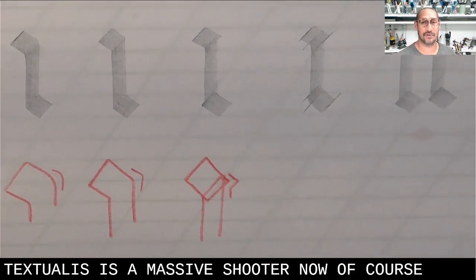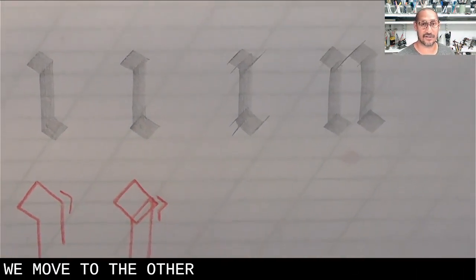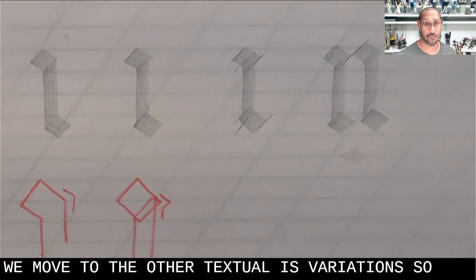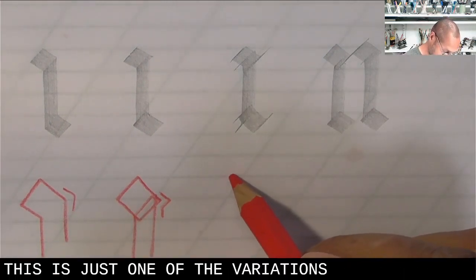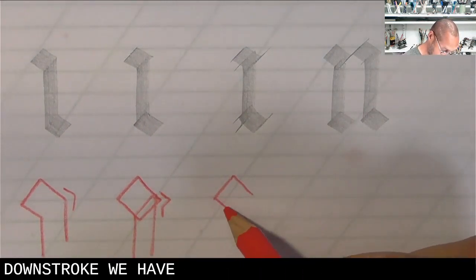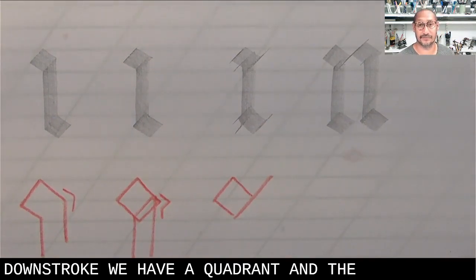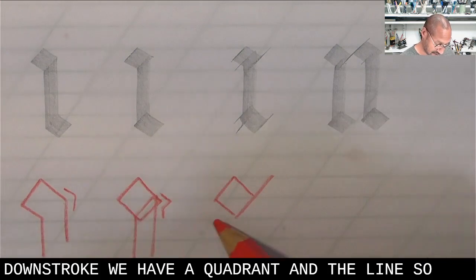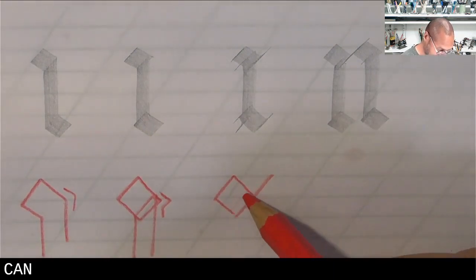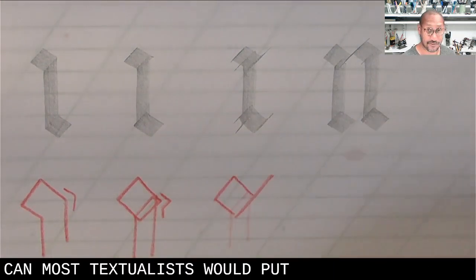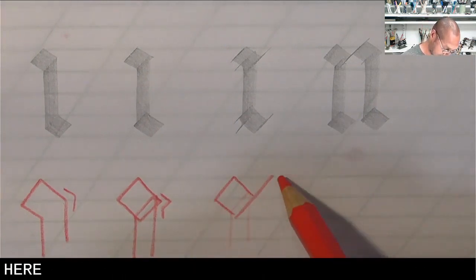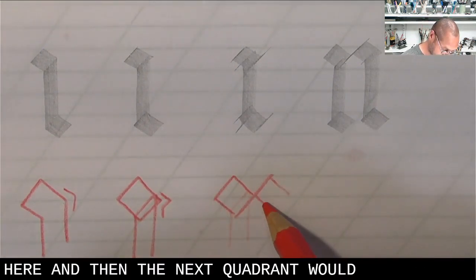Now, of course, once we move to the other Textualis variation, so this is just one of the variations, we have a downstroke, we have a quadrant, and a line.